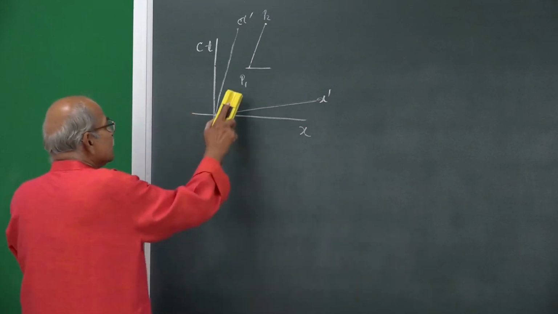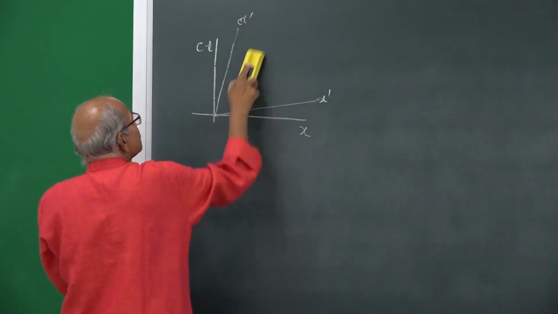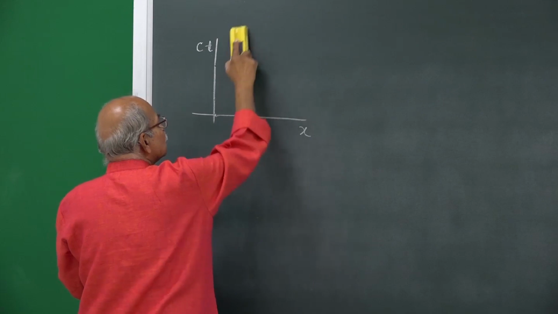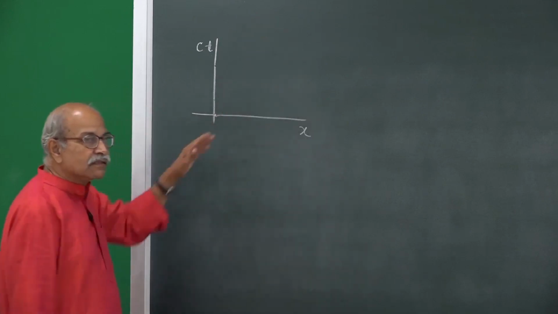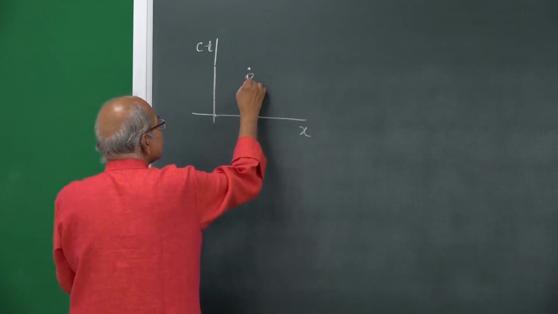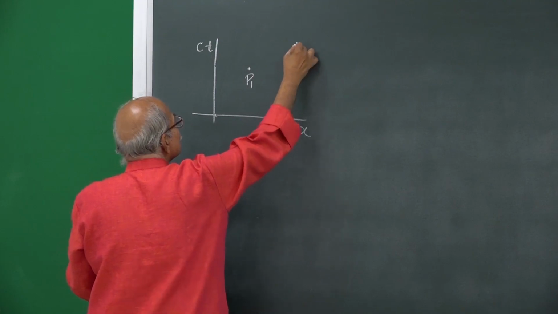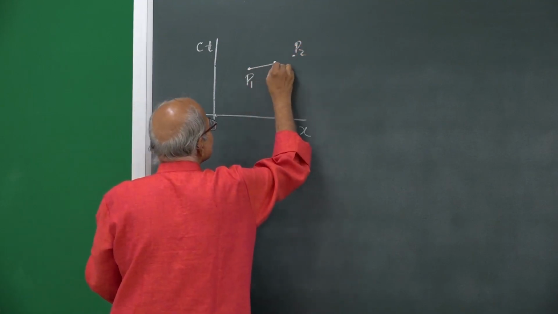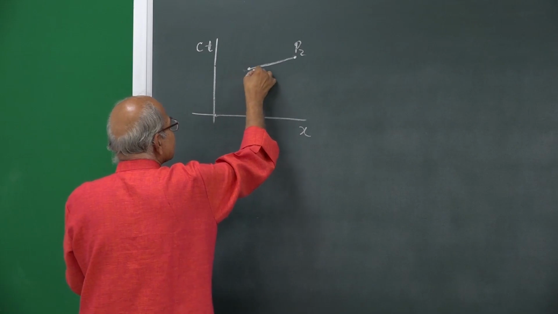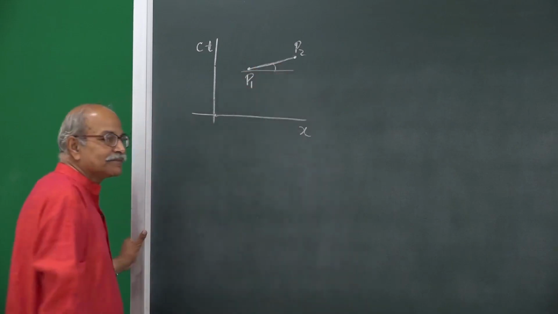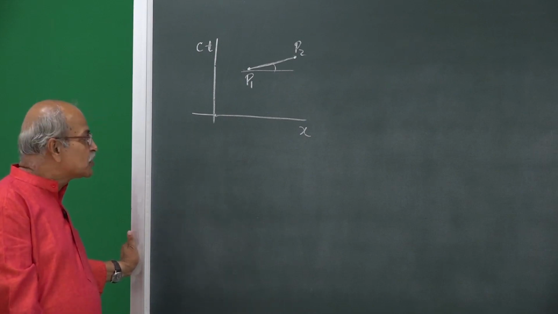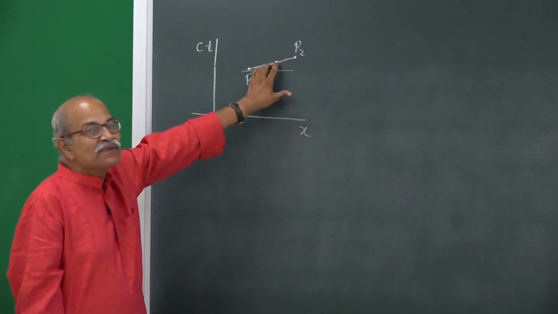So, today what we will do is we will take up two events for which the points P1 P2 are such that the slope of that line is less than 1. So, one event is represented by this P1, another event is represented by this P2, and this line here P1 P2, this line makes an angle with x axis which is less than 45 degrees. So, this angle is less than 45 degrees. Then you can find a frame for which the x prime line is parallel to P1 P2.